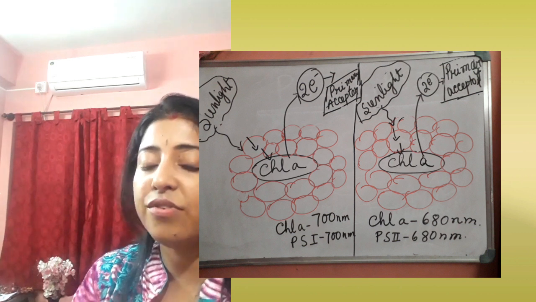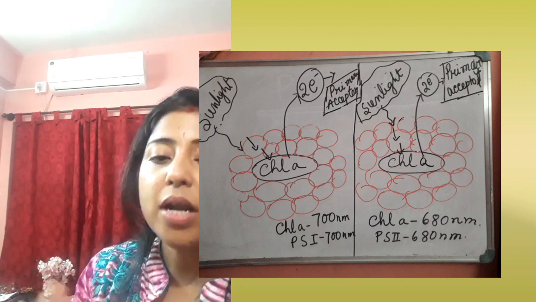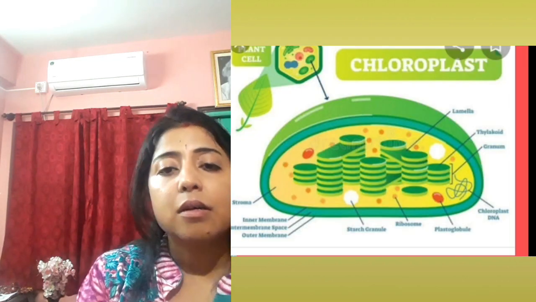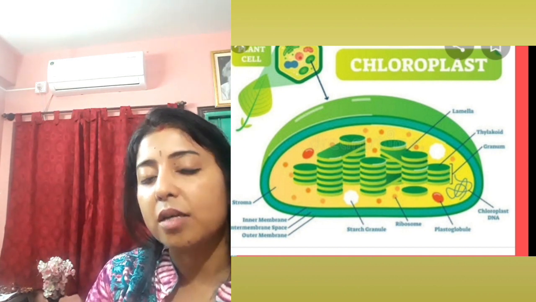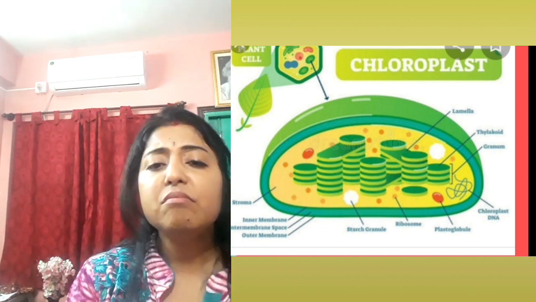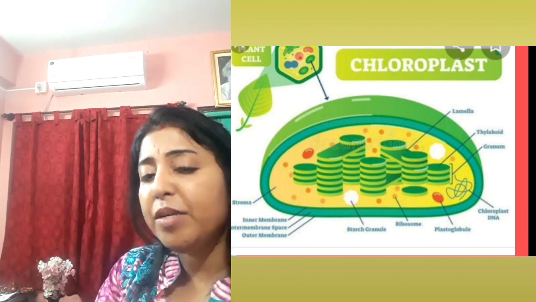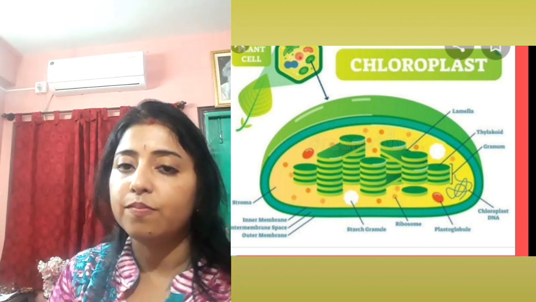That is the greatest difference between PS1 and PS2. PS1 happens in the stroma lamellae of thylakoids and stroma in the chloroplast. Clear? And PS2 happens in the grana.